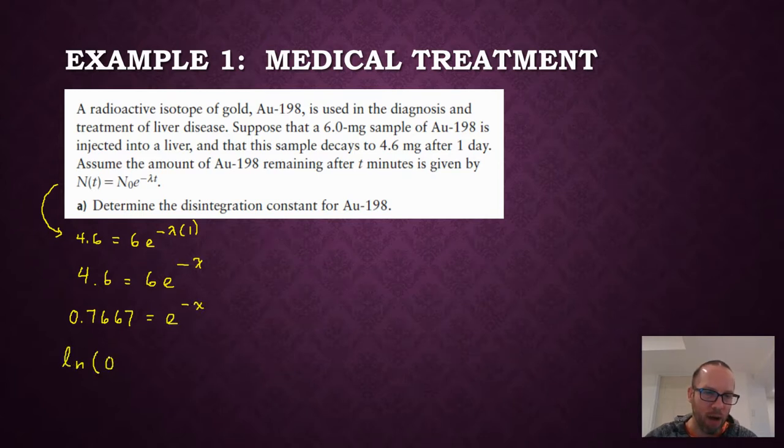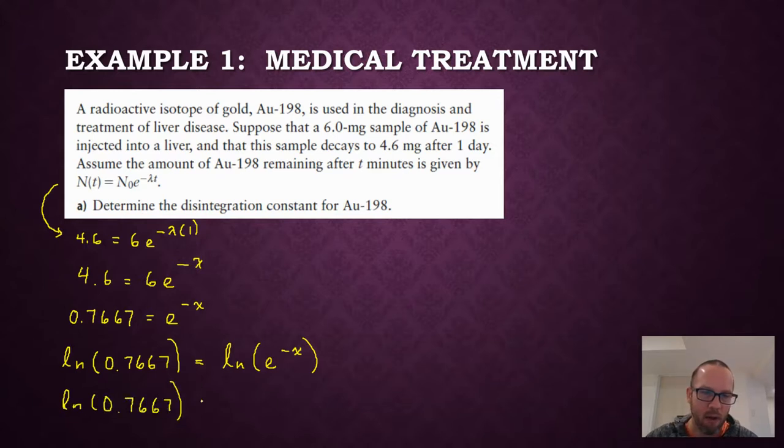I'm going to take the ln of each side. And if you can do this in fewer steps, then that's great, if you're comfortable doing that. We can bring down the negative lambda, and we know that the ln of e is 1. So we get ln of 0.7667 equals negative lambda, times the ln of e.